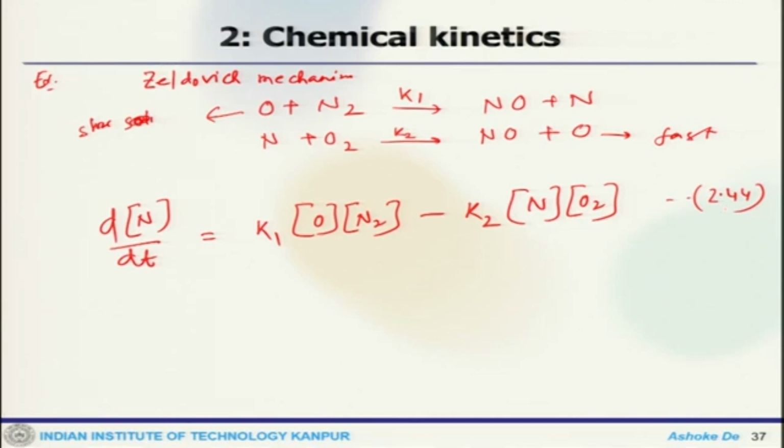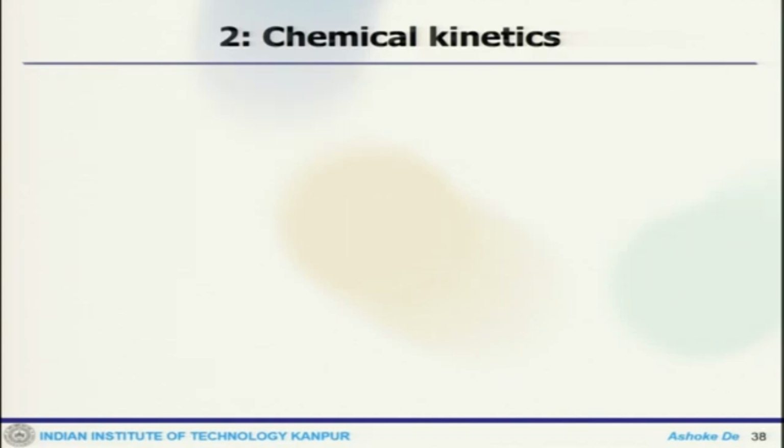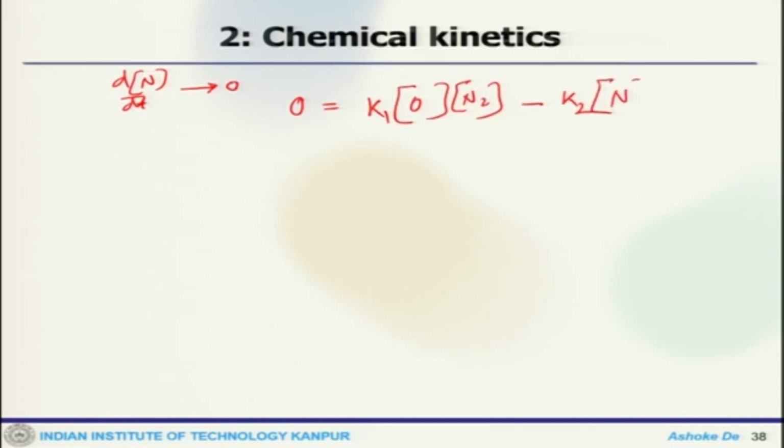That means in this particular step, now if you allow the rapid transient to build up the N, your d[N]/dt will approach 0, which means K1 [O][N2] minus K2 [N][O2] equals 0.